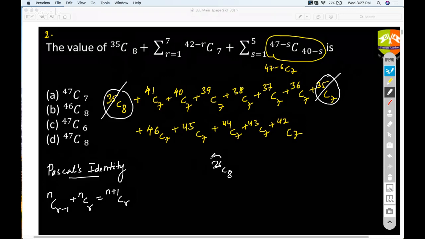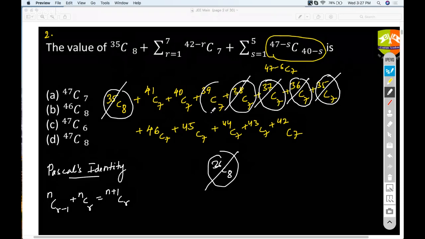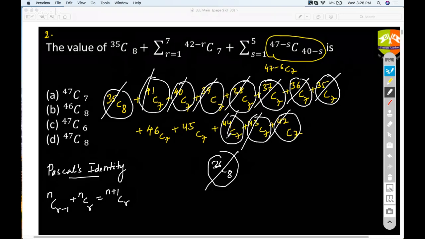So 36C8 and 36C7 is going to give me 37C8, right? Then this will give you 38C8, 39C8, 40C8, 41C8, 42C8, 43C8, 44C8, 45C8, 46C8, 47C8. So answer is 47C8, which is going to be your option number D.